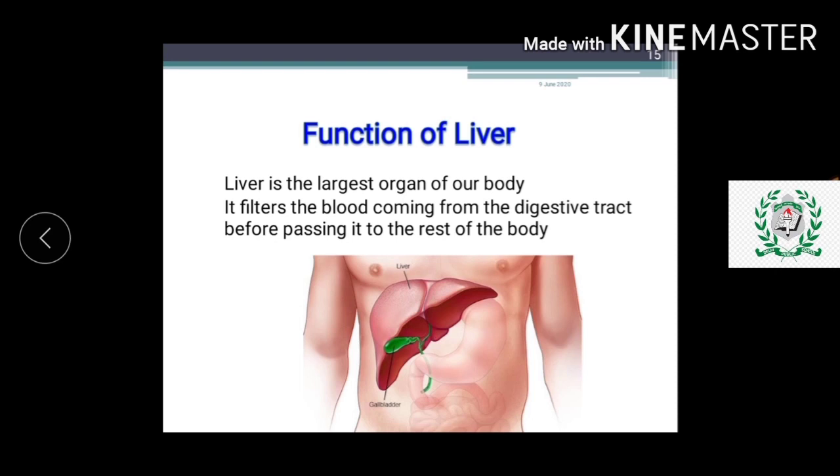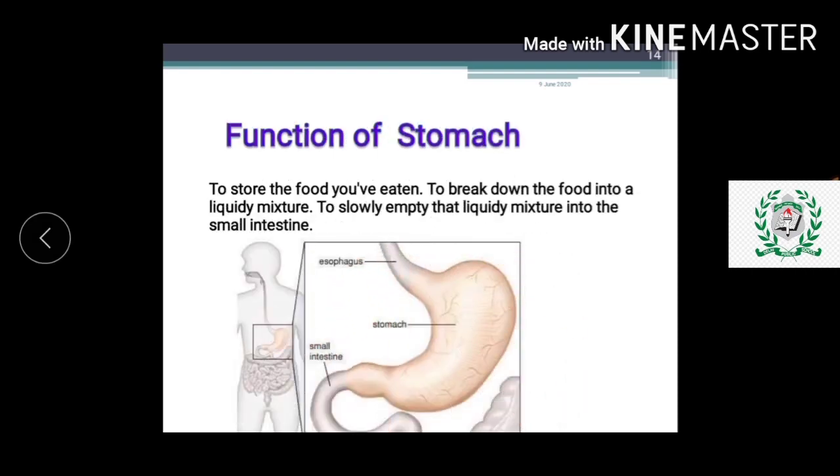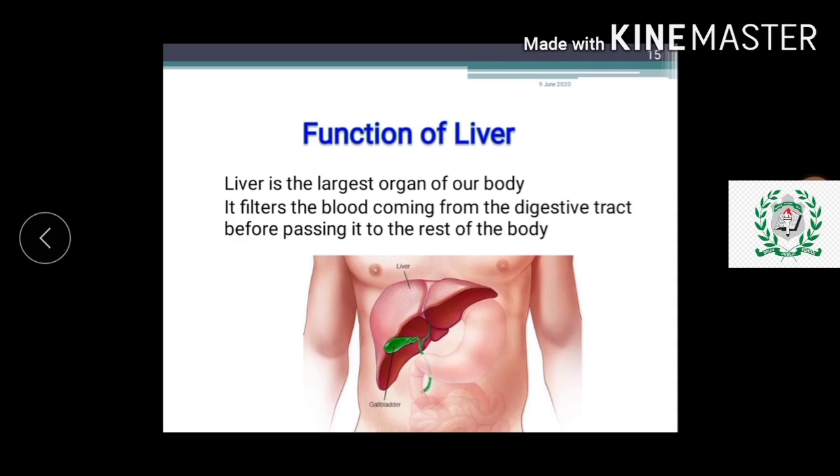Let me just recap the function of stomach. Stomach is a J-shaped organ which helps the food to break down with the help of gastric acids, and these smaller particles are sent to the small intestine. Now let me just show you a video which will make you understand in a better way. Okay?